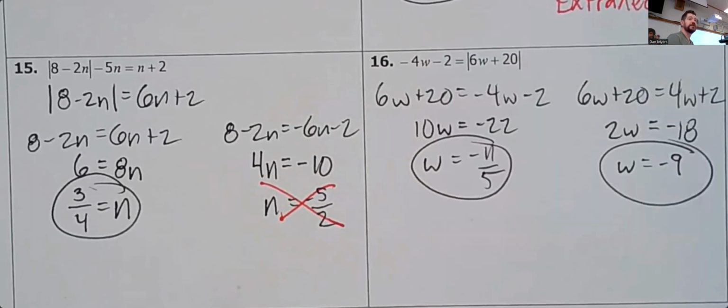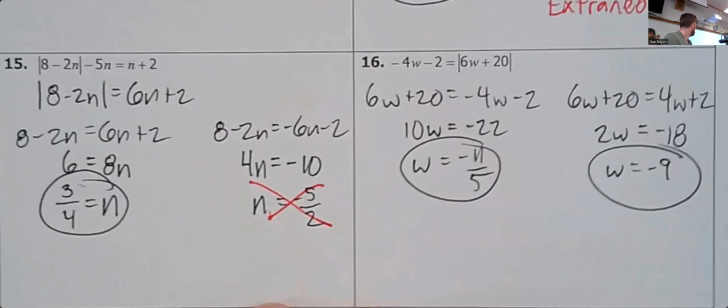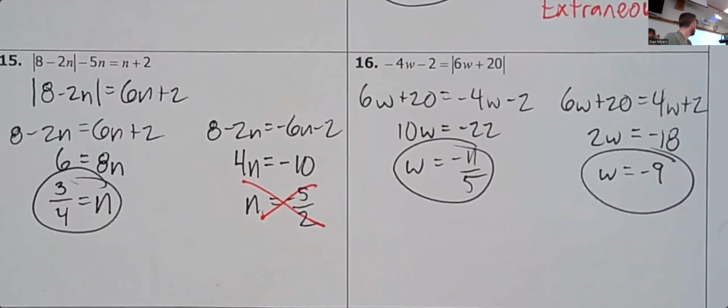However, only 3/4 works. -5/2 did not. Questions on that one? Good, all right. And then on 16, they both worked. -11/5 and -9. Okay, so 15, yeah.